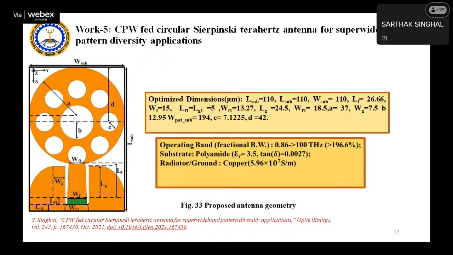Then I discussed this circular Sierpinski terahertz antenna in which a bandwidth of 0.86 to 100 terahertz is achieved by increasing the dimensions and using symmetric ground planes, coplanar waveguide feeding, and asymmetric slot loading of the radiator.